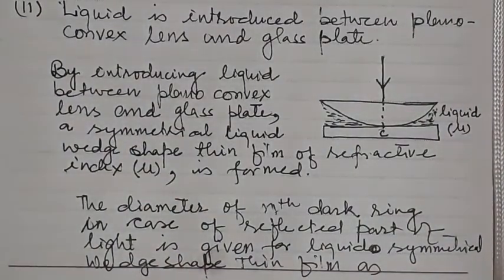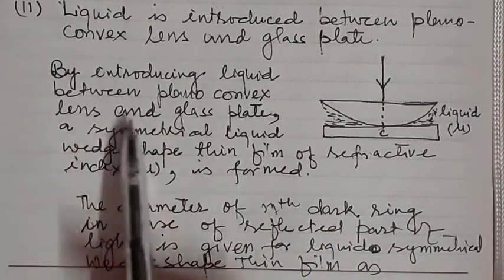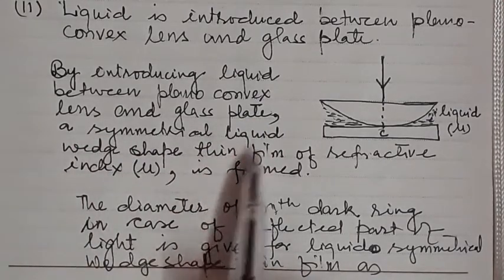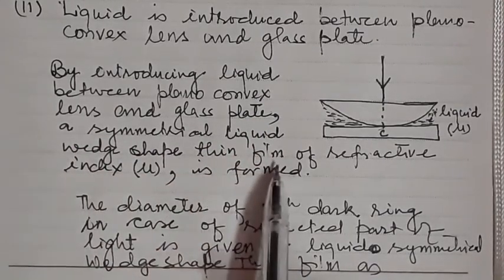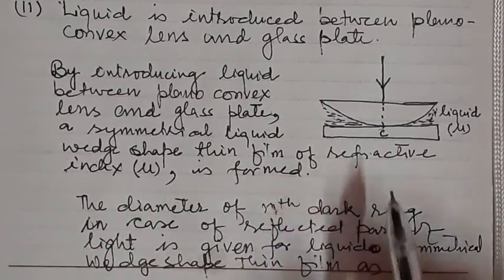The second one: what would happen if a liquid is introduced between the plano-convex lens and the glass plate? By introducing the liquid between the plano-convex lens and the glass plate, a symmetrical liquid wedge-shaped thin film of refractive index mu is formed.